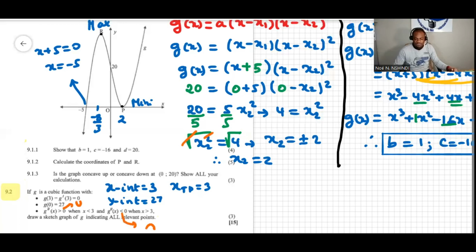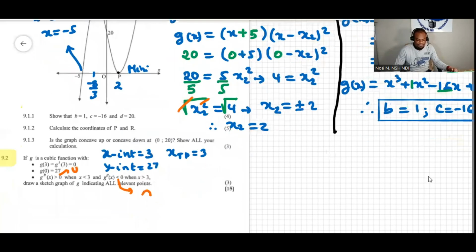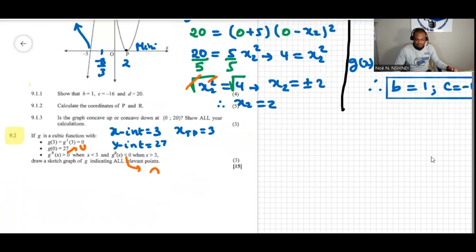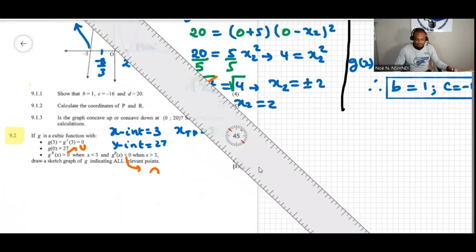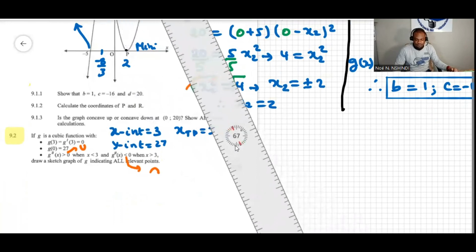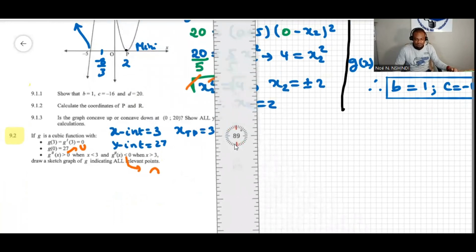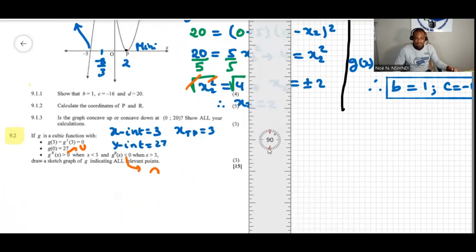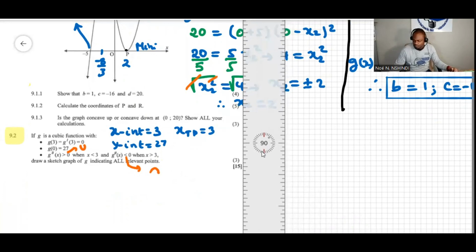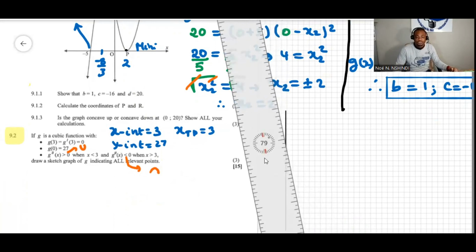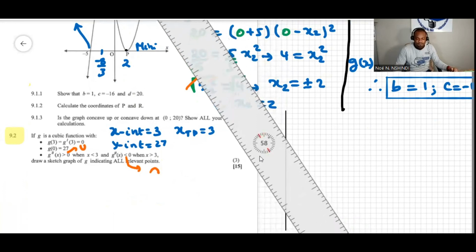Now let's draw the function. I can draw it over here. I'm going to draw the vertical axis. Okay. Let's see, it's the vertical axis, and then I'm going to draw also the horizontal axis.